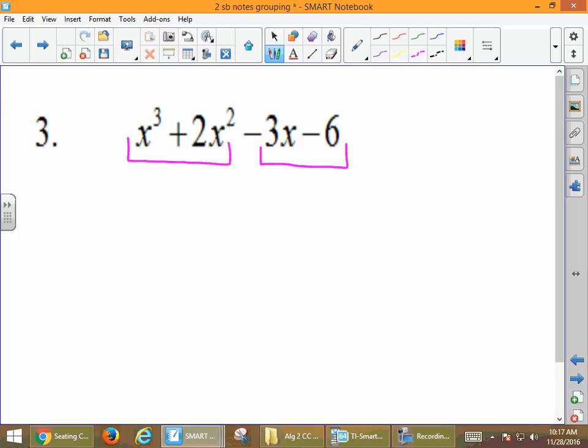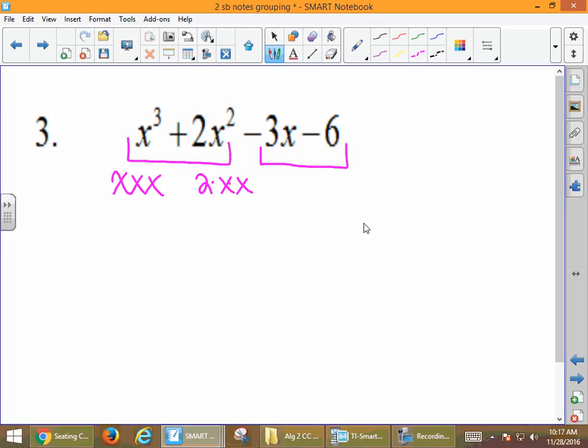Well, in that first group, we don't have any numbers that are greatest common factors, but we do have a variable that is a greatest common factor. And just as an aside here, it's not my favorite thing, but x cubed is x times x times x, and then this is 2 times x times x. That's always a technique that we can fall back on if we need to.